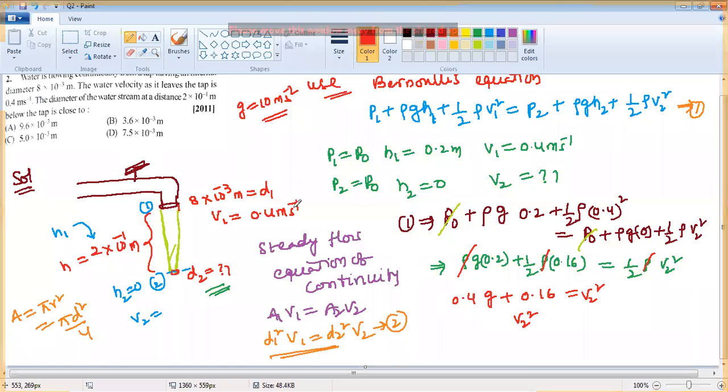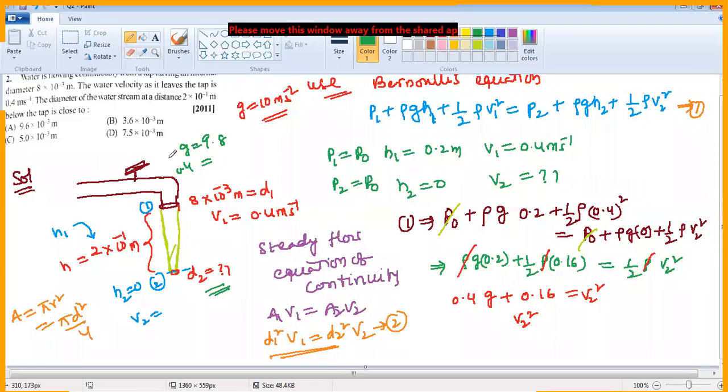If you take G equal to 9.8, what will happen now? Then 0.4 G is 0.4 into 9.8. Now I am writing this way here.